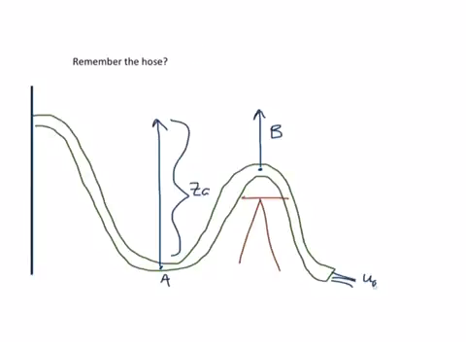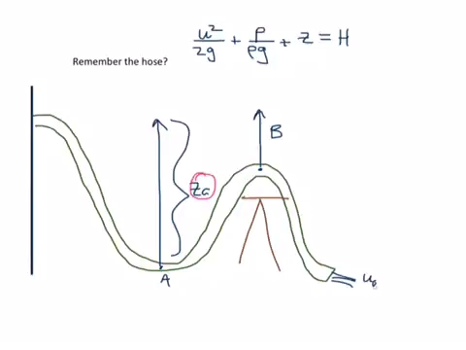So the Bernoulli equation is u squared over 2g plus p over rho g plus z equals the total head, where the first term over here is the velocity head, this is the pressure head, and this is the elevation head. So going back and solving for z sub A, let me just do this in a different color for clarity. We'll pick pink.